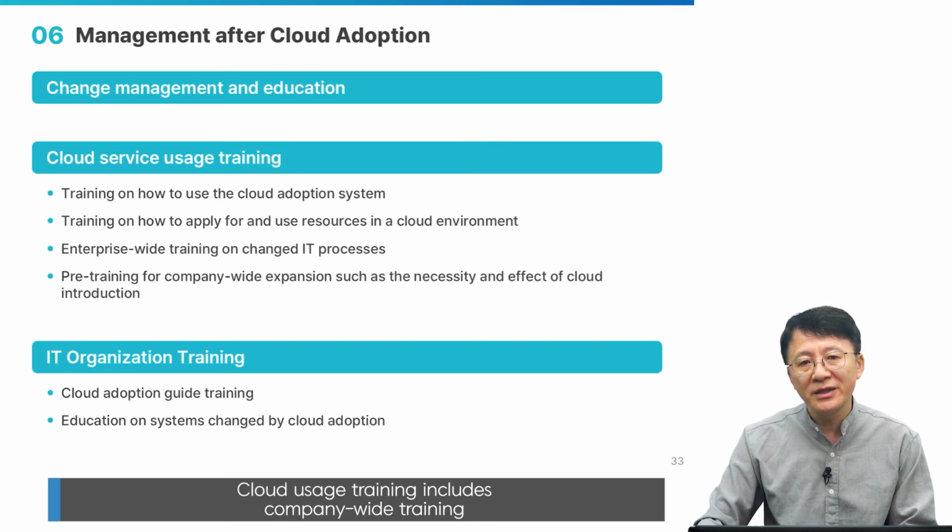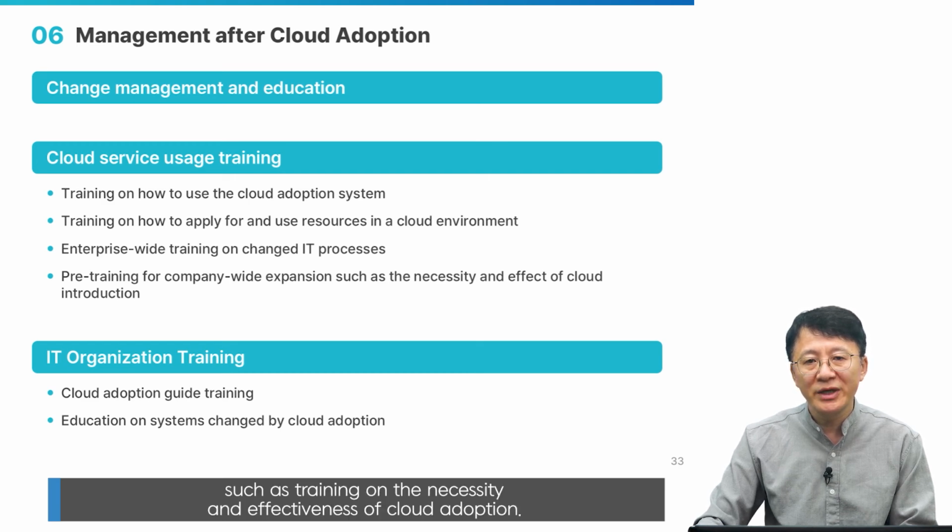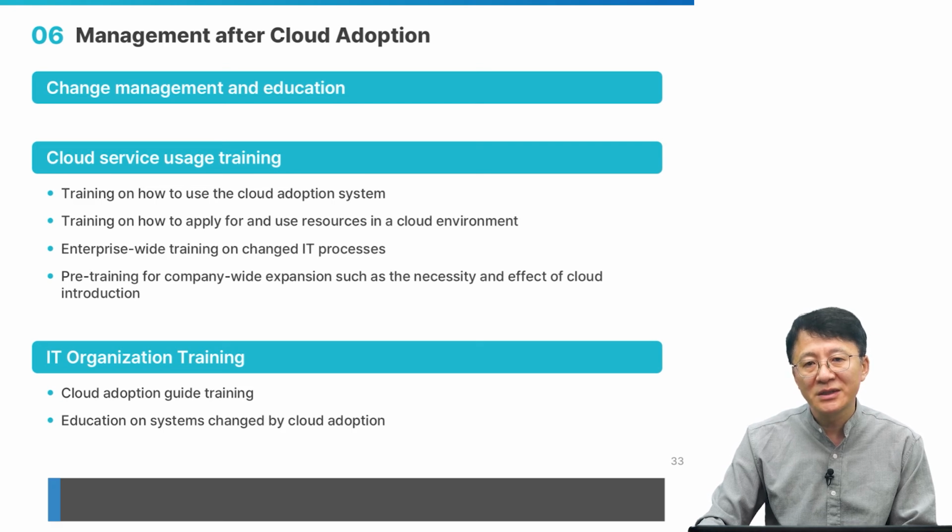Cloud usage training includes company-wide training on how to apply and use resources in the cloud environment, company-wide training on changed IT process, and prior training for company-wide scaling, such as training on the necessity and the effectiveness of cloud adoption. In addition, the cloud team conducts IT organization training. This includes cloud adoption guides training and the training on systems changed by cloud adoption.